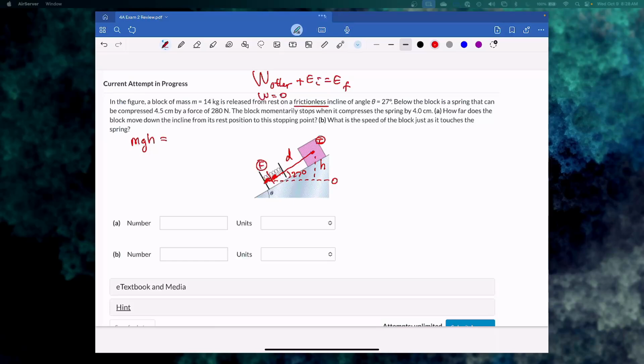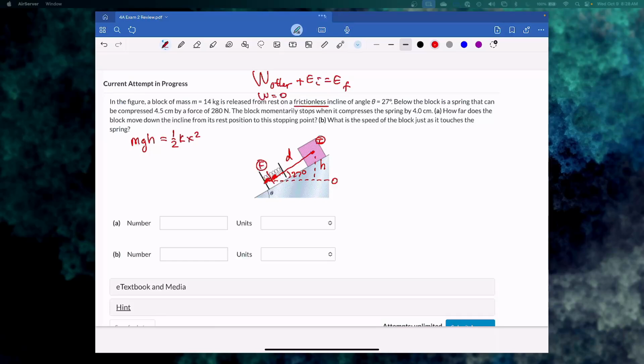How fast is it going at the initial point? See, it's not moving. It starts at rest. How fast is it going when it compresses that spring completely? It's also going 0, so there's no kinetic energy, initial, final. So where'd all the energy go? Into the spring, right? At the end, the spring is storing potential energy, which is 1/2 kx squared.